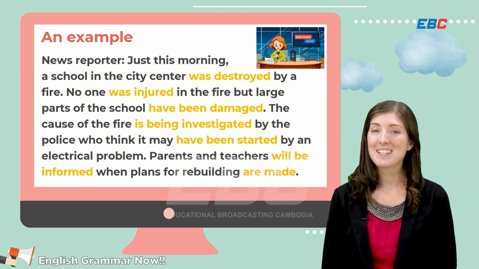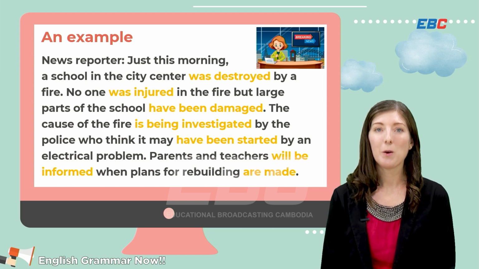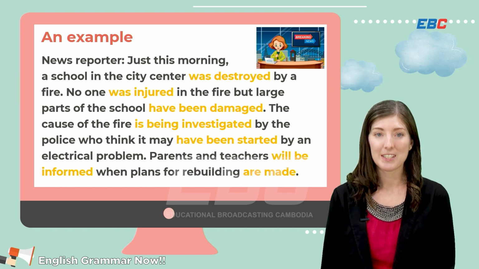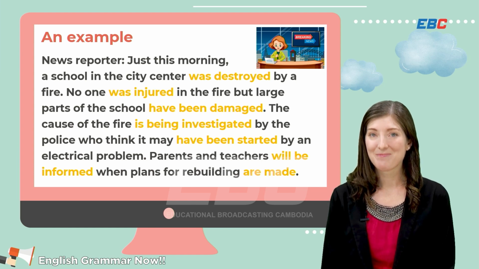There are many examples of the passive in here. We can see was destroyed, was injured, have been damaged, is being investigated, have been started, will be informed, and are made.